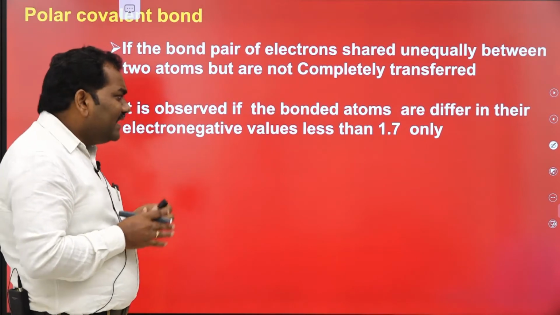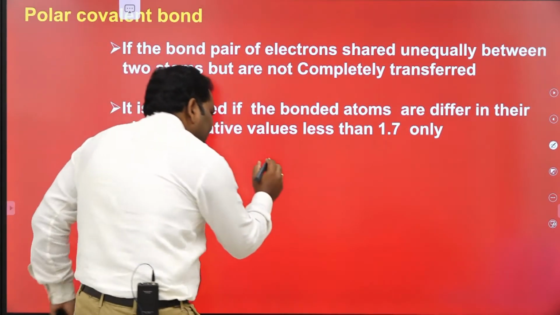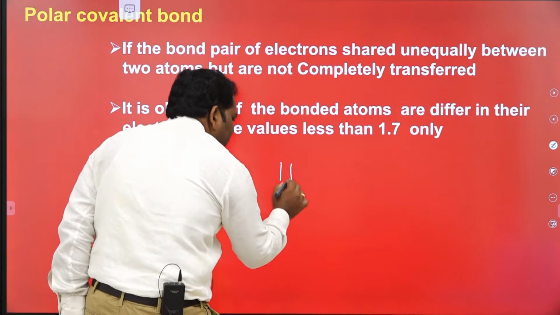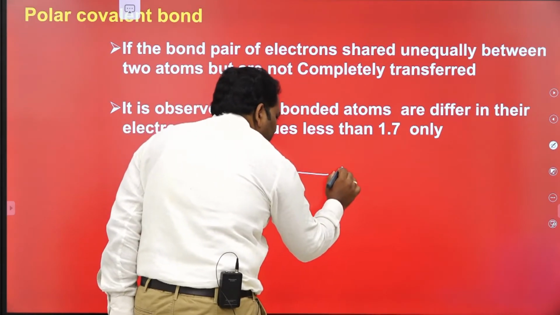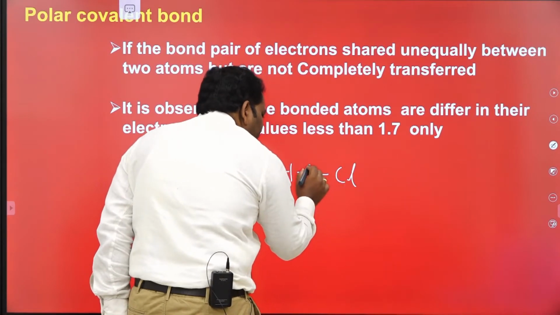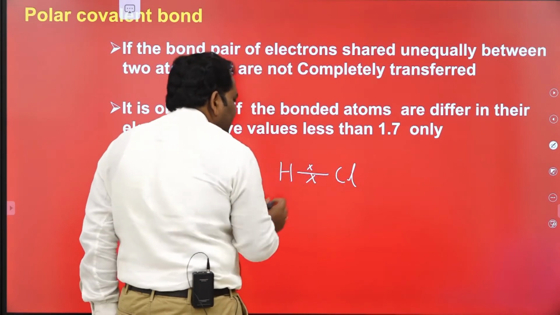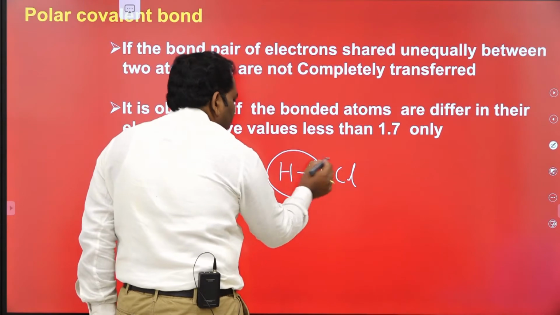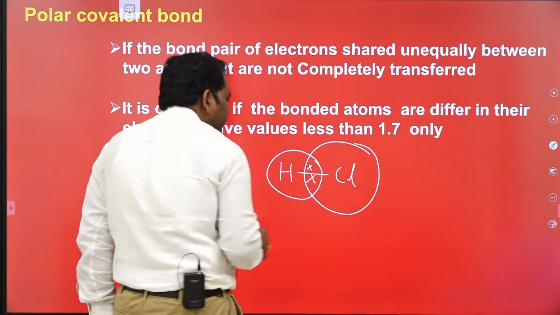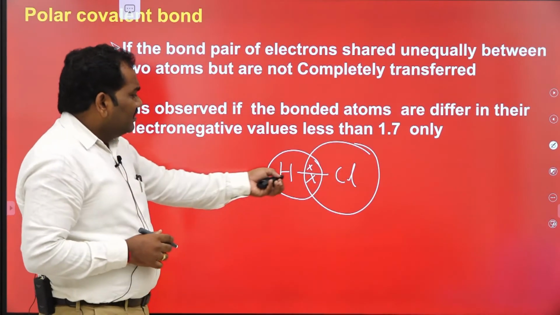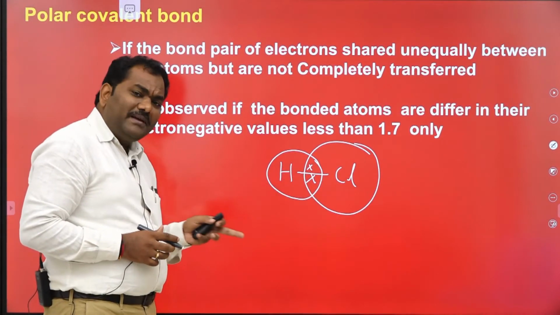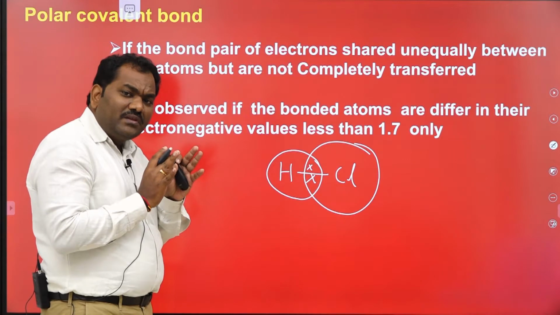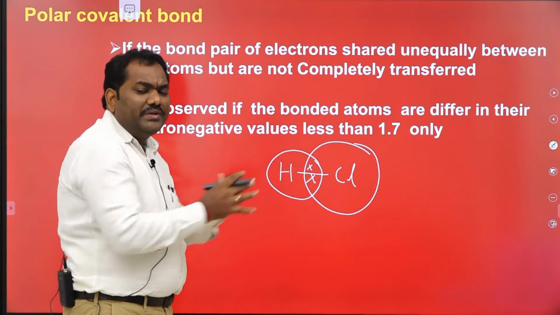For example, the formation of HCl. Here this is considered as a bond, and the electrons are present like this. In HCl, the shared pair of electrons moves slightly towards chlorine.